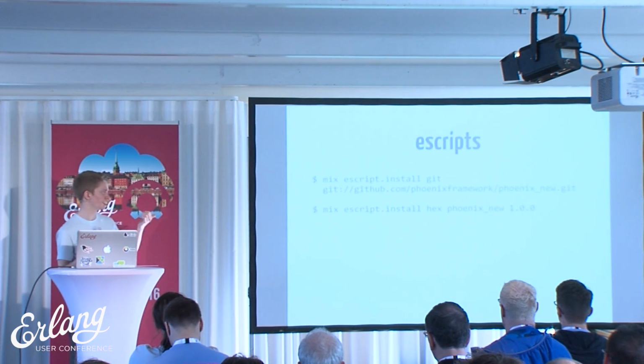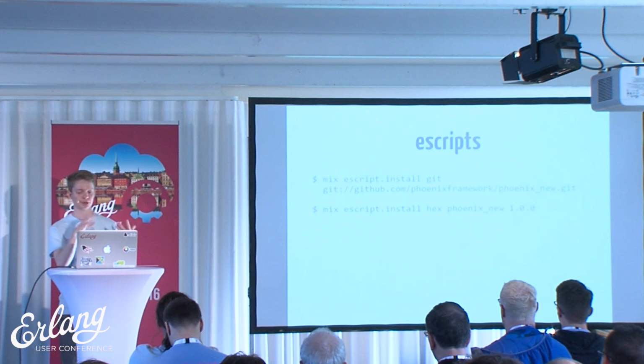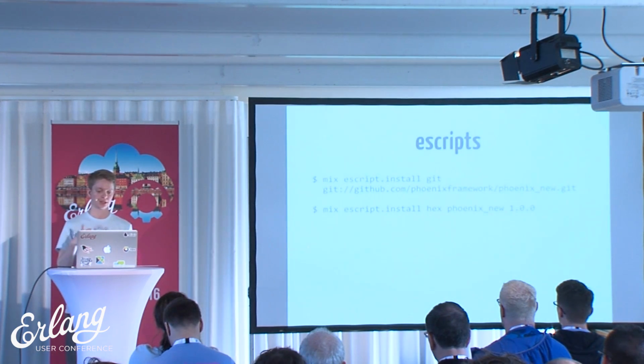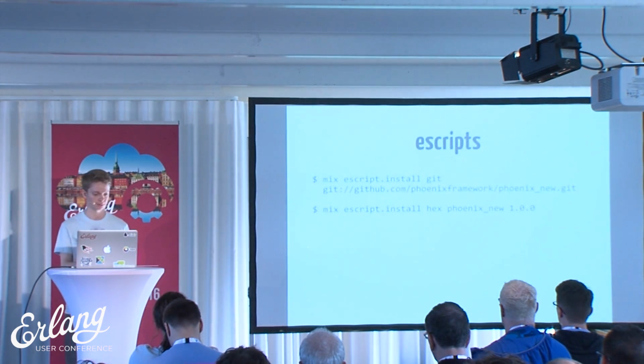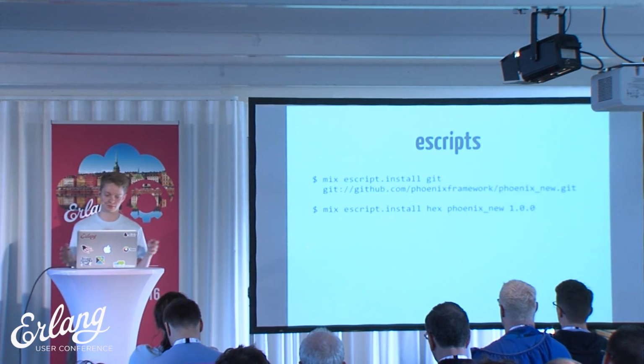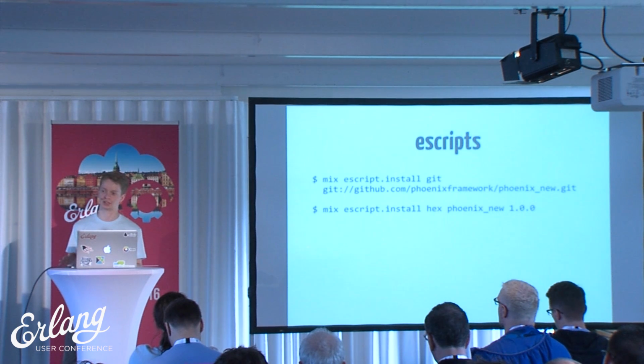Well, it doesn't actually fetch escripts. It fetches a project, and then it knows how to build this project and how to build an escript from it. So it does that, and then finally installs it in some location that is hopefully in the user's executable path. So for better or worse, we can sort of get people installing application executables through Hex.